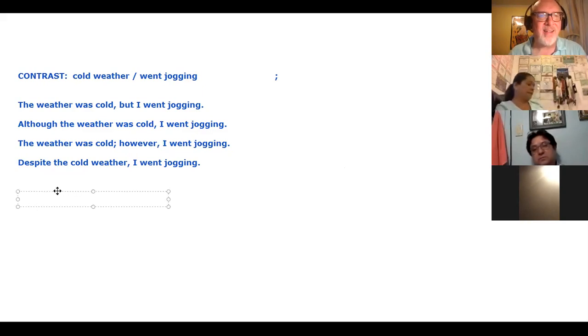All right. Example number 2. Let's take another contrast here.